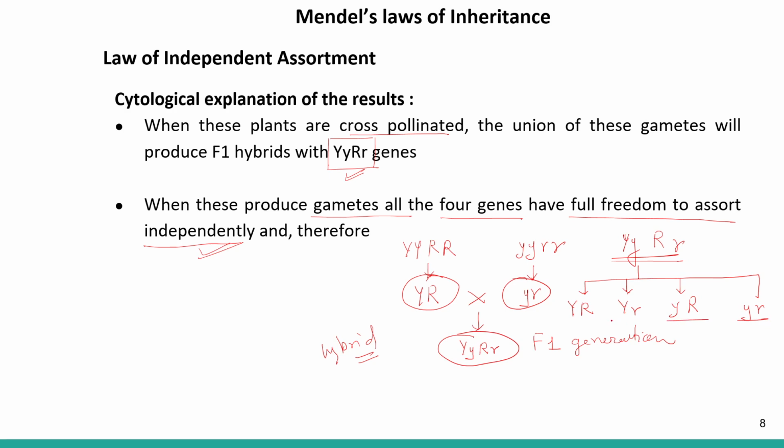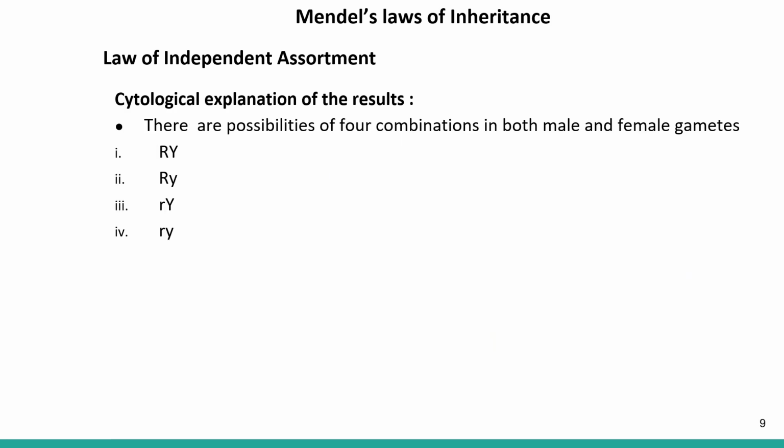And why have these four different types of combination formed as gametes? Because they have full freedom to assort independently, to have different combinations independently, right?